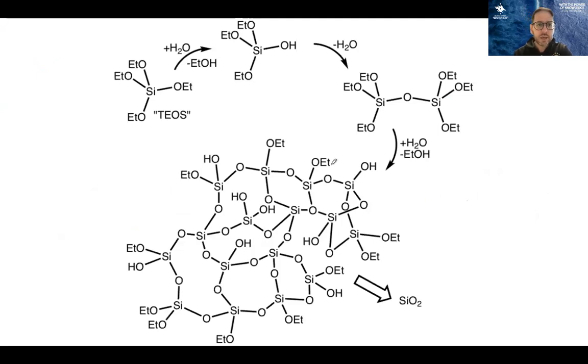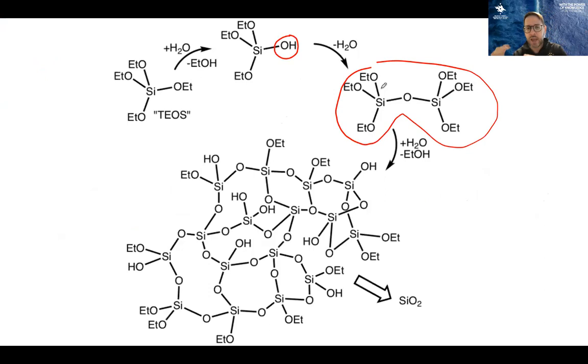If we have two approaching molecules, as I just discussed, we can have this kind of condensation. But this can also grow in three dimensions if we have OH groups in all these positions.